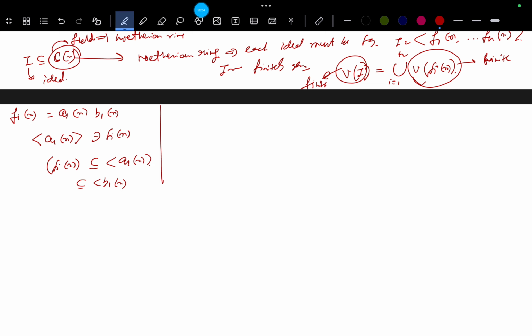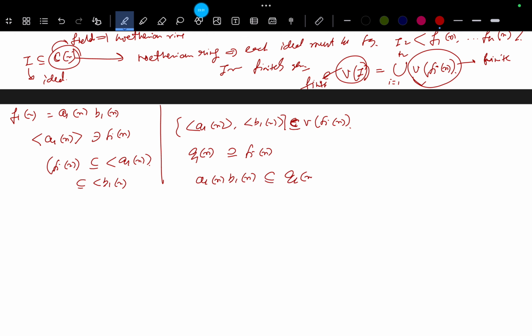Now suppose we consider that a_1(x), b_1(x) both belong to V(f(x)). So this is a subset of this. Now if we consider any other polynomial, say q_1(x), whose ideal contains f(x), that means a_1(x) times b_1(x) is inside (q_1(x)).